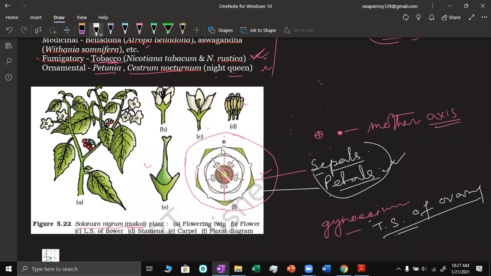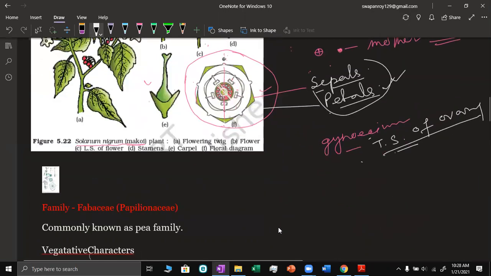It is not passing parallel to the anterior posterior line, and this swollen placenta, and to this the ovules are attached. So many ovules attached to this. At the center, the placenta is at the center, so it is axial placentation.